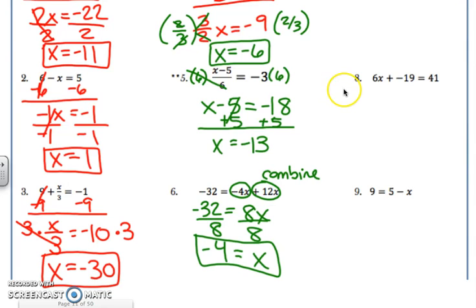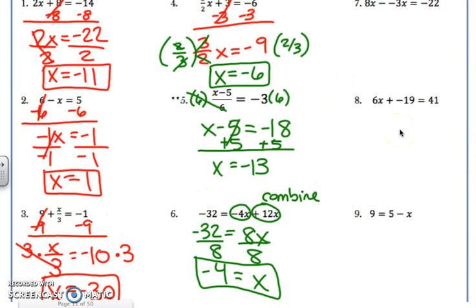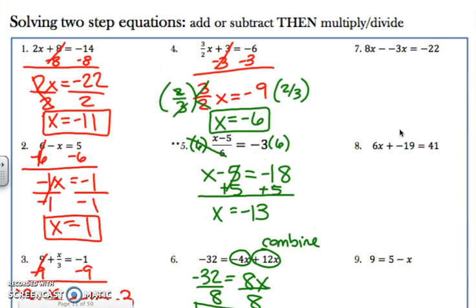All right. So let's hop back up here to number 7. On number 7, you'll see this on IXL a lot. They're going to try and trick you with 2 negatives, but we know 2 negatives right beside each other just means a big old plus sign, so I'm going to turn those 2 negatives into a plus sign. Like so. So now my problem reads 8x plus 3x equals negative 22.